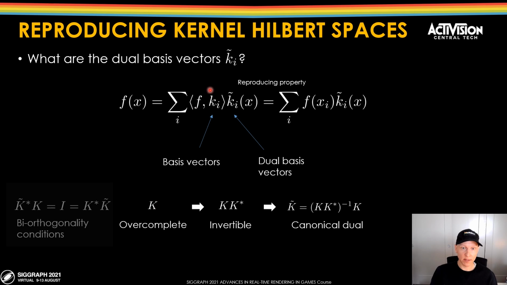If we have an overcomplete frame, and K is the kernel matrix where we take the kernel vectors evaluated at each point xi and put them into the columns of K, that's our kernel matrix K. Because it's overcomplete, we know that K times K star, or K times the adjoint of K, is invertible, and we have what we call a canonical dual, which is basically a reasonable choice for the dual basis in case of an overcomplete frame.